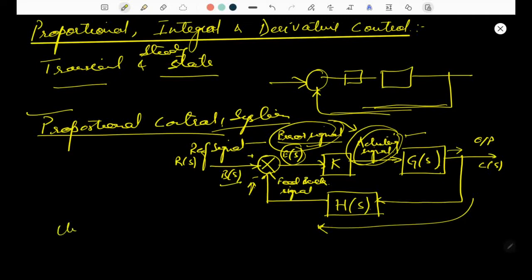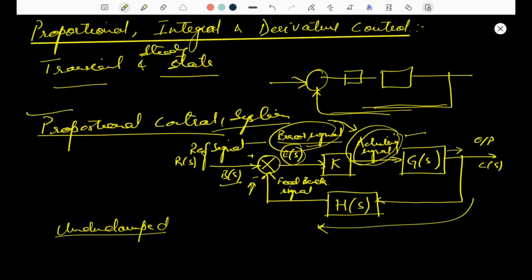Why underdamped? Because if the system is underdamped, then we will get a quick response, and an underdamped control system exhibits exponentially decaying oscillations in the output time response during the transient period. You know the oscillations in the underdamped condition; in the last lecture we went through the underdamped, overdamped and critically damped conditions.